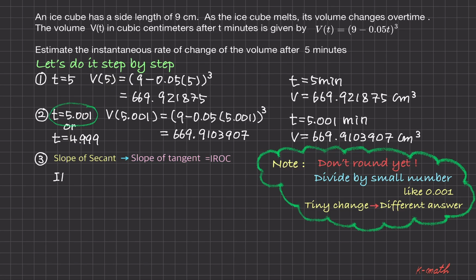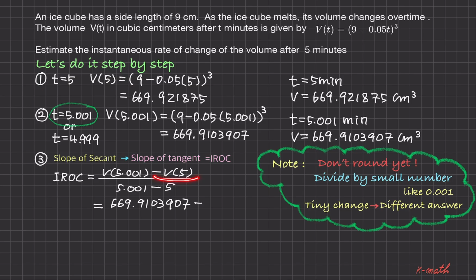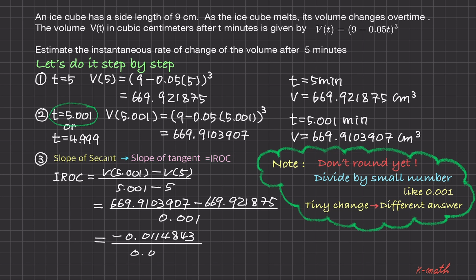So, the instantaneous rate of change is V of 5.001 minus V of 5 over 5.001 minus 5, which is 669.910397 minus 669.921875 divided by 0.001, which equals minus 0.0114843 over 0.001. It gives me minus 11.4843.